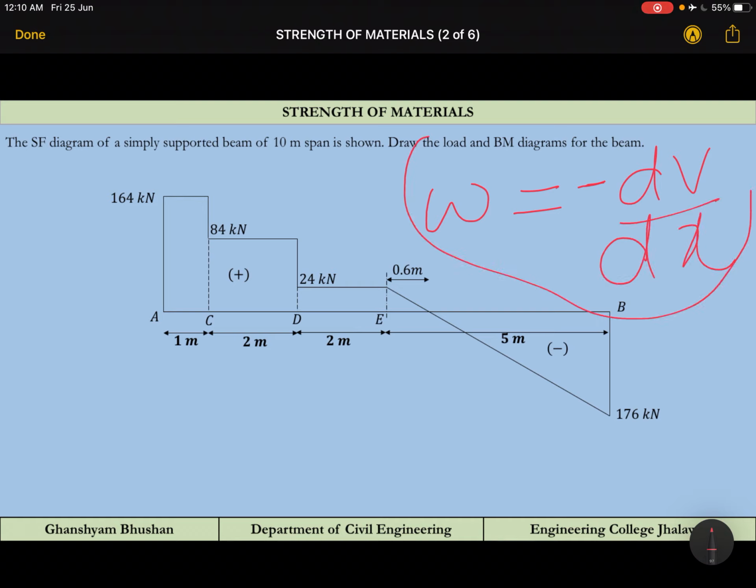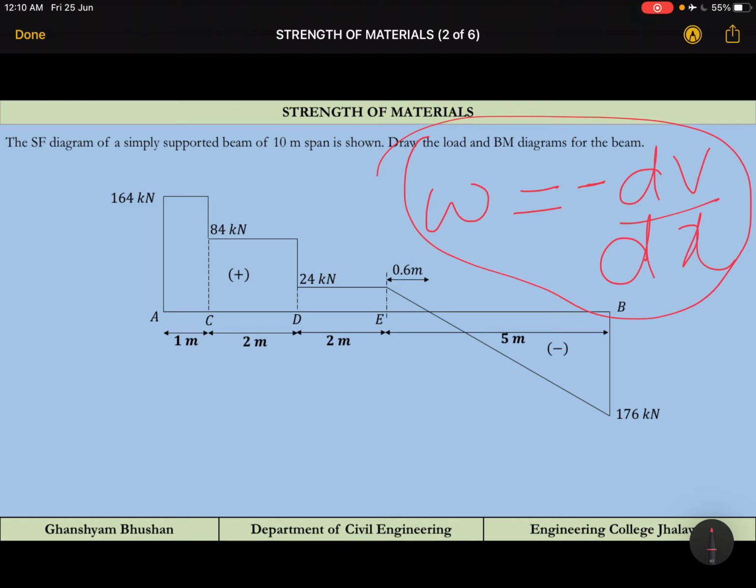With the help of this equation we can easily calculate the variation of loading, and with that loading we can calculate the bending moment and bending moment diagram. And there is some more information which we saw while solving the examples.